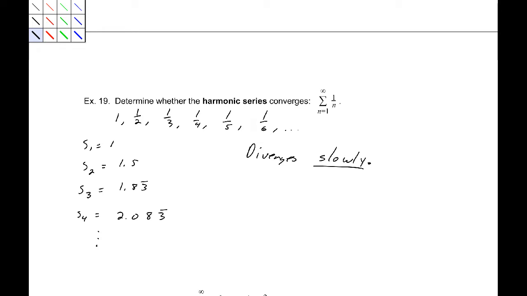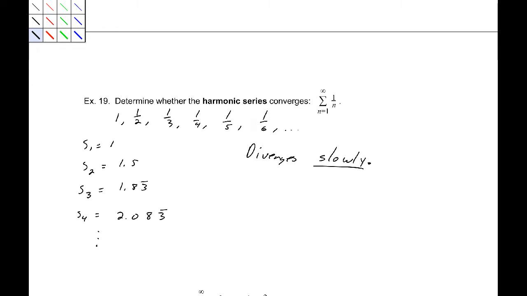Anyways, it gets bigger and bigger, but it goes very, very slowly. At 100 terms, it's 5, roughly. At 1,000,000 terms, it is only at 14 and a half. So it increases, but it increases steadily and very, very slowly.